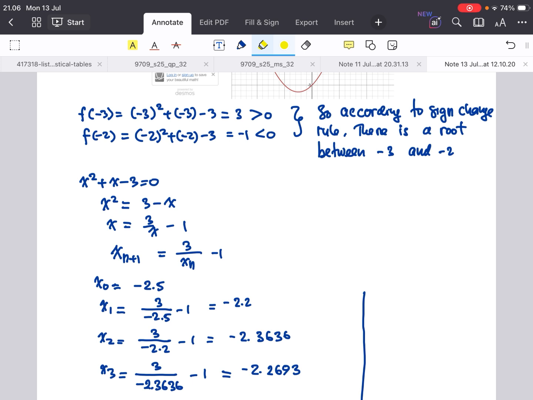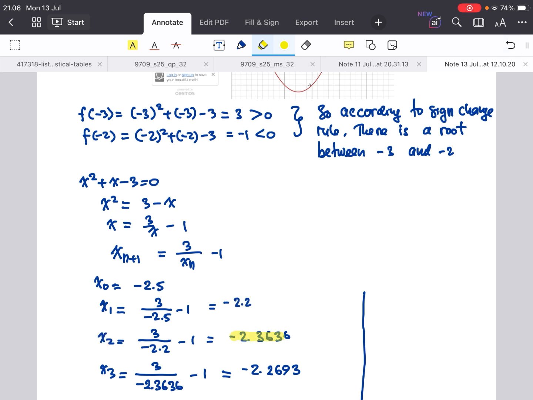And then the iterative process goes like this. For x1, we use the input of x0. So we put here 3 over negative 2.5 minus 1. Using a calculator, the result is negative 2.2. And then for x2, we use the previous result and put it there. So 3 over negative 2.2 minus 1.